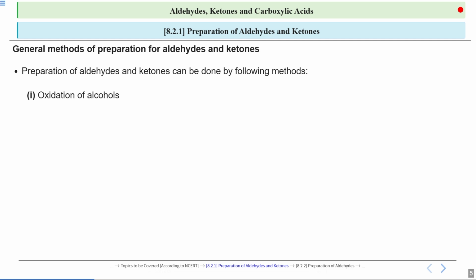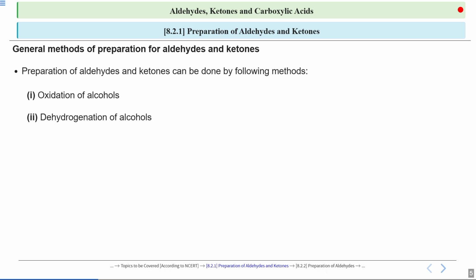The first method that we are going to see is oxidation of alcohols. This process involves converting alcohols into aldehydes or ketones by adding oxygen or removing hydrogen. So this is basically oxidation, that you are oxidizing alcohols to aldehydes or ketones.